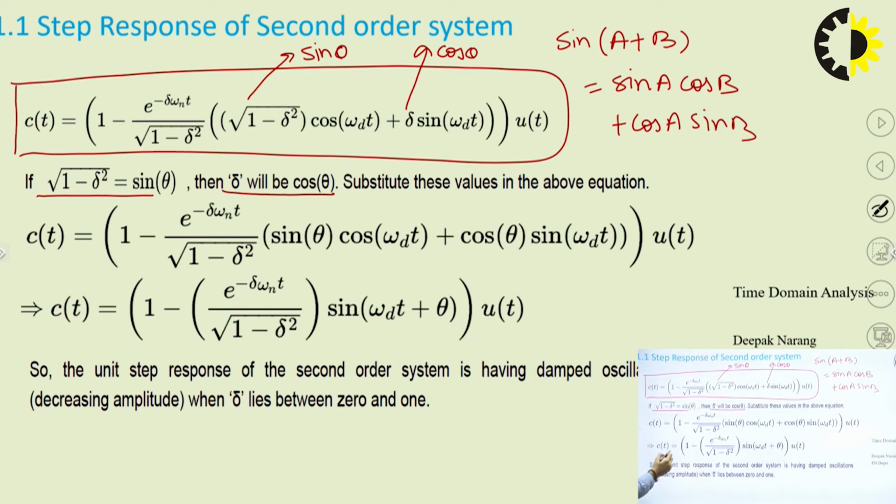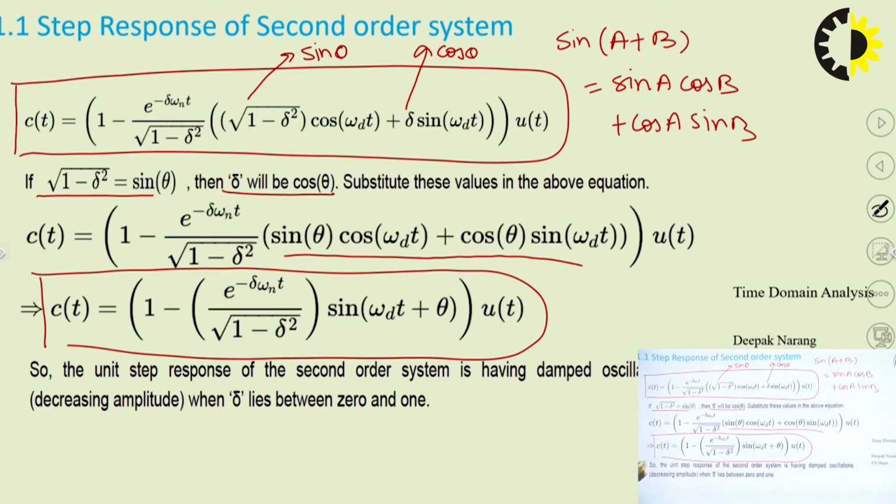After substituting this value, this equation reduces to this form and we get this formula. We get the time response as a function of exponential term and sinusoidal term. This response is obtained when the system is considered as an underdamped system.